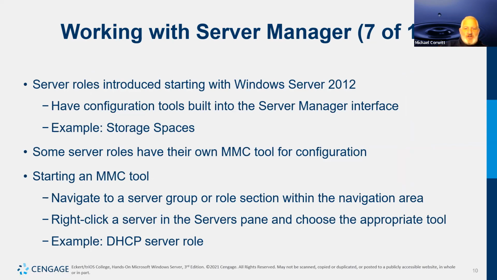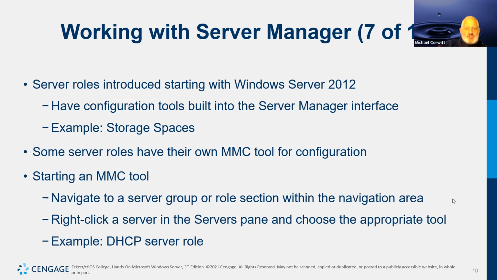Server roles introduced starting in Windows 2012 have configuration tools built into the Server Manager interface, for example Storage Spaces. Some server roles have their own MMC tool for configuration. To start an MMC tool, navigate to the server group role section within the navigation area, right-click the server in the server pane, and choose the appropriate tool.